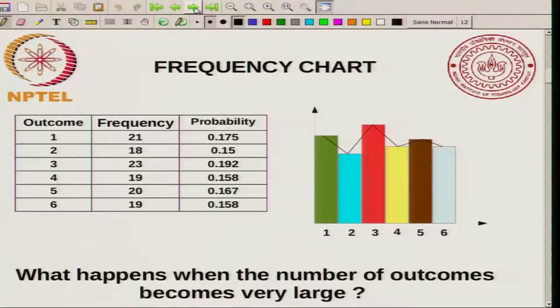Okay. So, this is what you are familiar with in probability distributions, at least when the number of events is finite. Now, you can make a frequency chart, and this is something you are all familiar with. So, you have 6 possible outcomes, and you look at the frequency of each outcome.